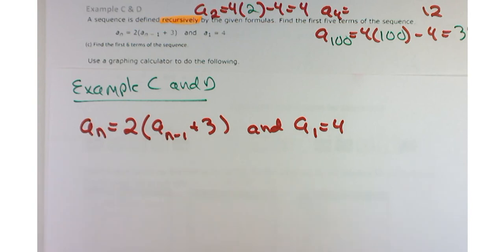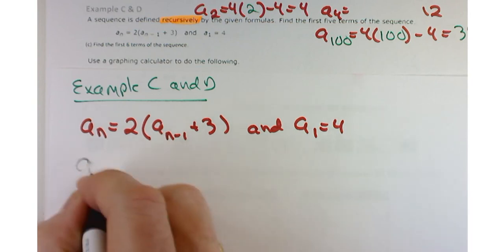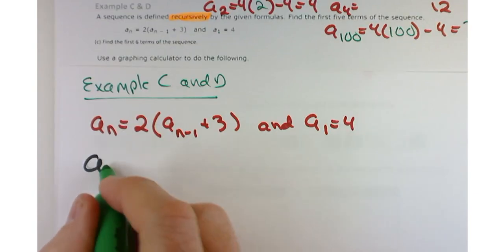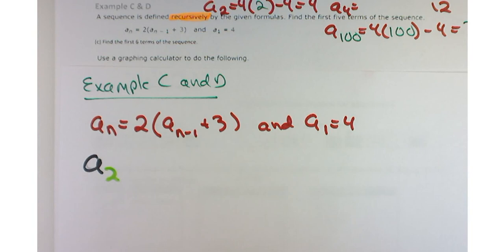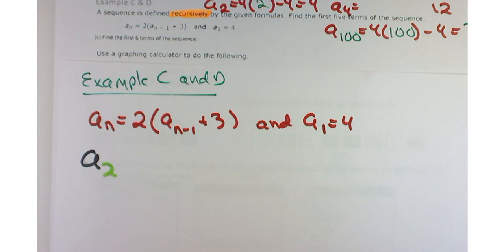So for instance, if I wanted to figure out the second term in this sequence, let's say a sub 2, then what this rule is telling me is that I've got to take 2 times the previous term. That is, in other words, 2 times a sub 1 plus 3.